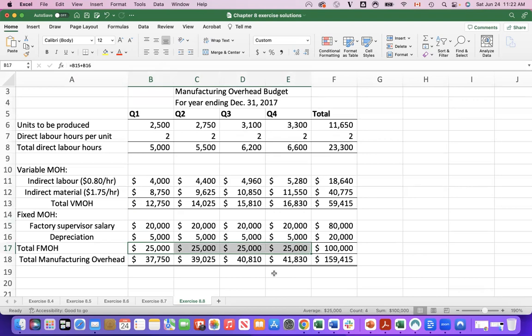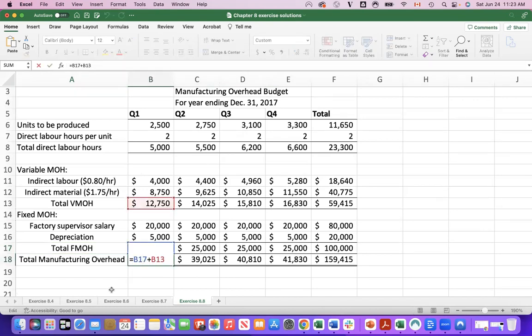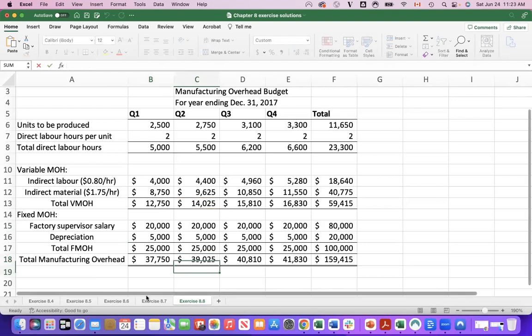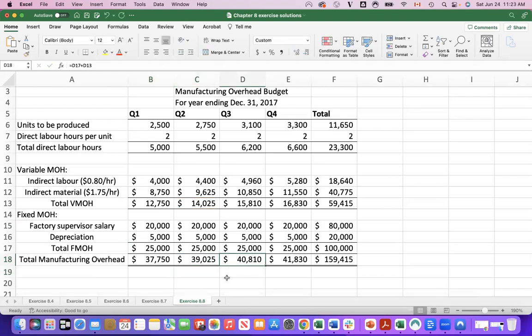Nothing too difficult there. So total manufacturing overhead is simply the sum of my total variable manufacturing overhead plus my total fixed manufacturing overhead. Just going to fix that formatting there. My total manufacturing overhead in Q1, if I add up my variable and my fixed, I get 37,750 in Q1, 39,025 in Q2, 40,810, and that's simply my total variable overhead of 15,810 in Q3 plus my 25,000 in fixed manufacturing overhead in Q3.